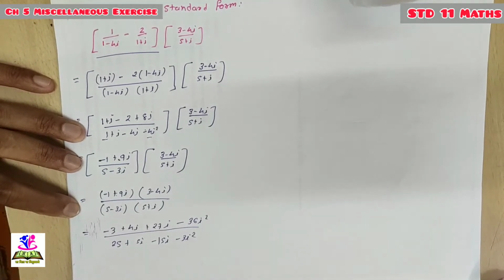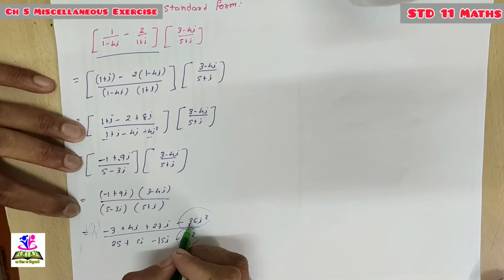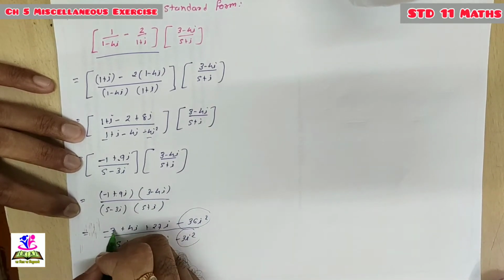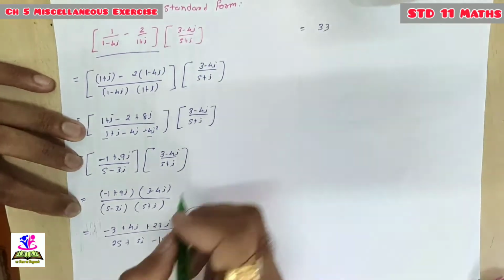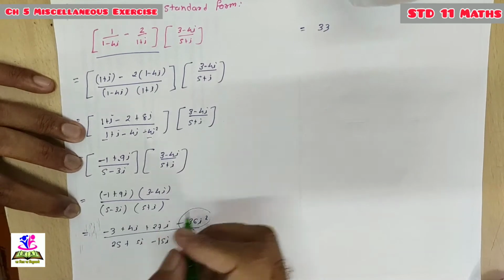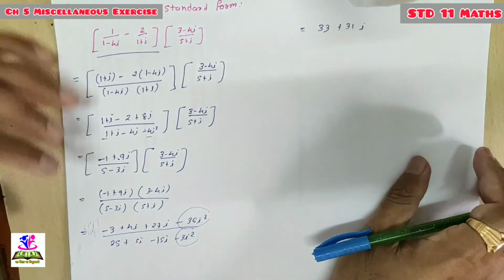Done. Now replace this i square with minus 1. So plus 36 minus 3, that is 33. 33, and 27 plus 4, 31i.